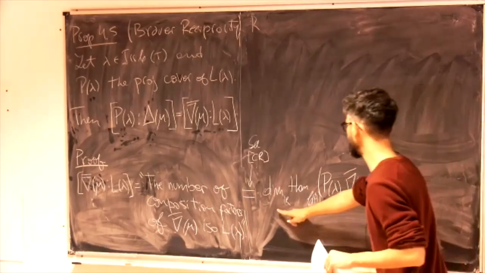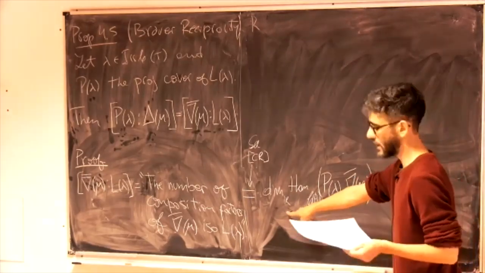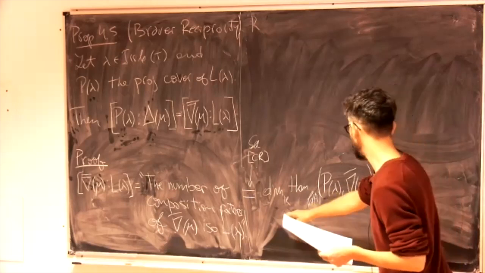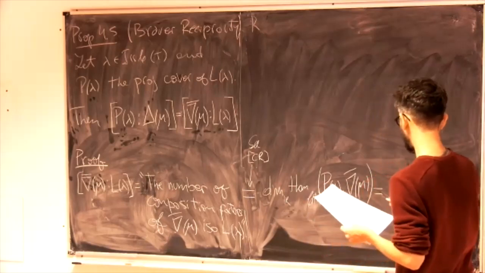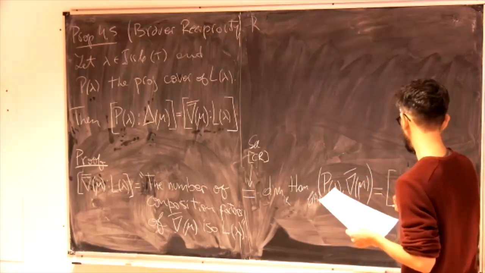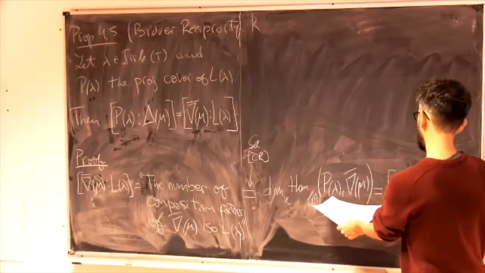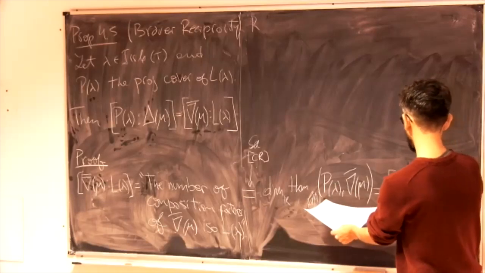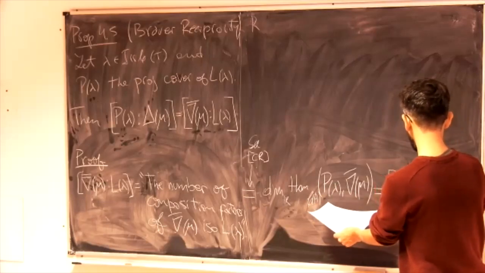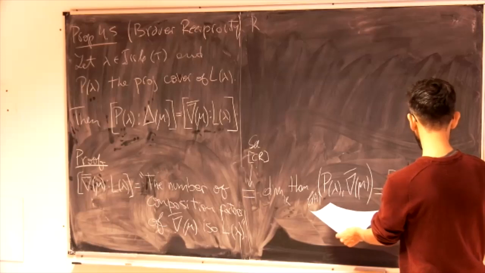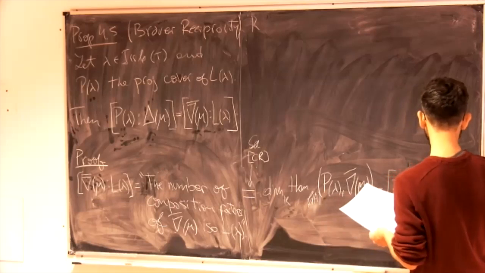And that is what we wrote before in the lemma: we proved that it is equal to the number of subquotients of the standard filtration of P lambda which are isomorphic to Delta mu.